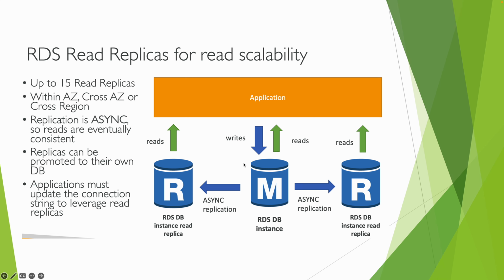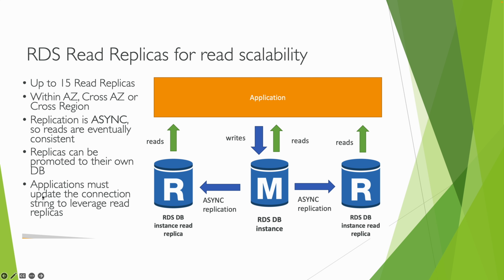So whenever there is an issue in this RDS master instance, we can promote a read replica as master, and the writes will happen in this instance, and the data will replicate to the other read replicas from it. So read replicas can be promoted to their own database.